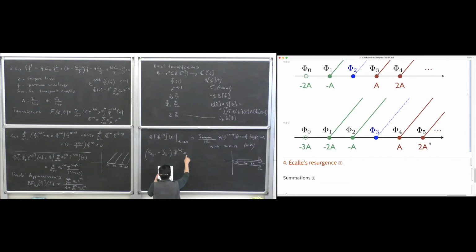So what I would get is a sum, and I'll write what the C_k's are in a second.